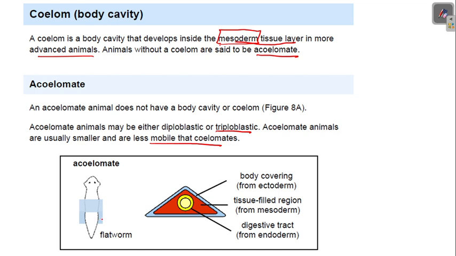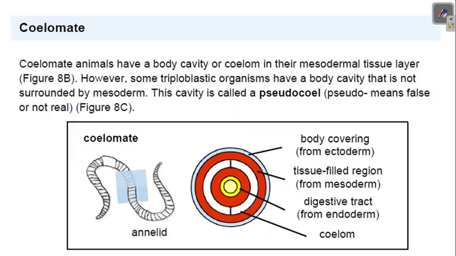Flatworm is an acoelomate. If you look at it, the outer body covering is the ectoderm, then the tissue-filled region, then the endoderm. In the middle, it has your mesoderm. But this mesoderm does not allow it to have a coelom. So it is an acoelomate.